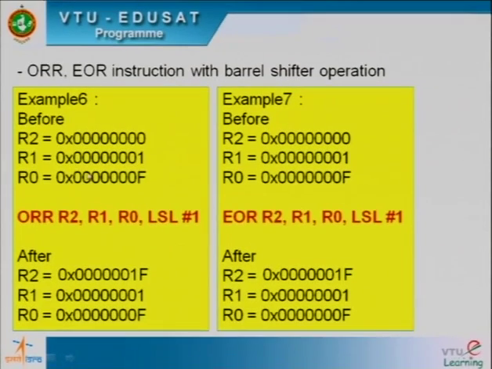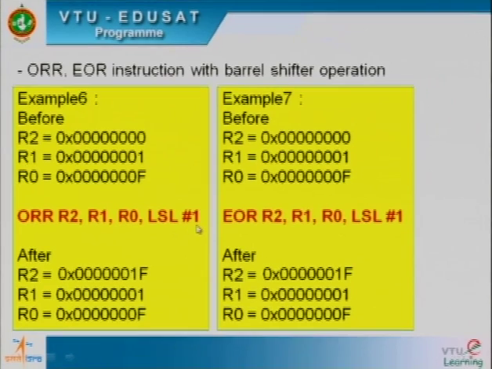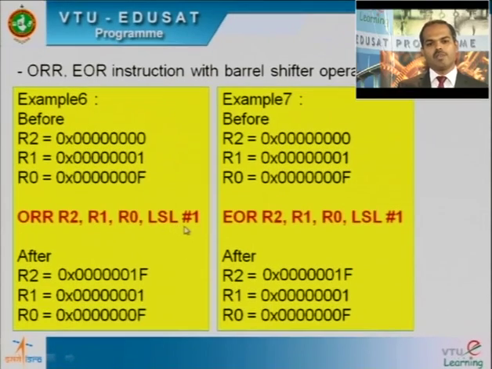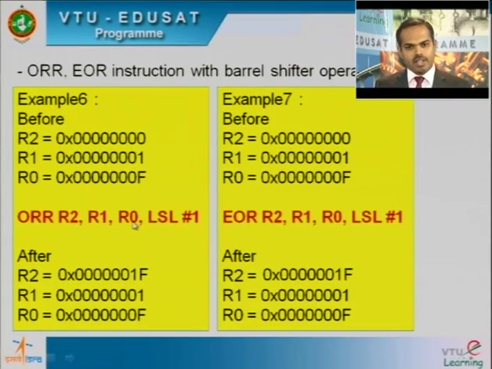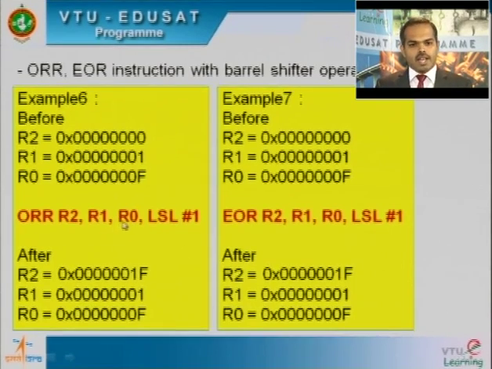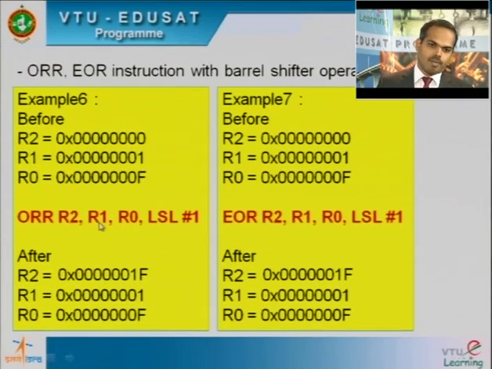So again, with example 6, before the execution of the instruction, the R2, R1, R0 contents are the same as the previous examples. The instruction here is ORR R2, R1, R0, LSL #1, that is logical shift by one position. What is it that we are logically shifting? The content of R0. The content of R0 is logically left shifted by one position. Then it is ORed with R1.